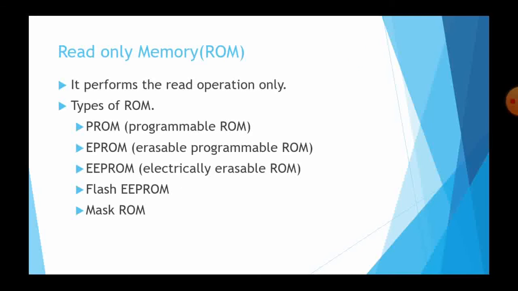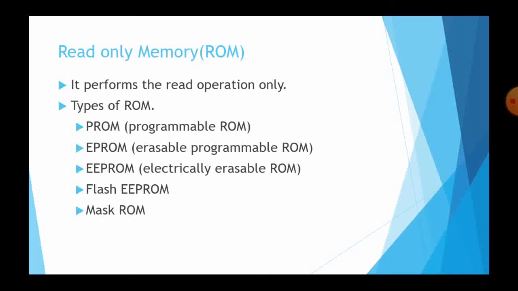ROM, read-only memory, performs read-only operations. The types of ROM are programmable ROM, erasable programmable ROM, electrically erasable programmable ROM, flash, and mask ROM. Programmable ROM is also called OTP, one-time programmable. Erasable programmable ROM, we can erase the data at once.